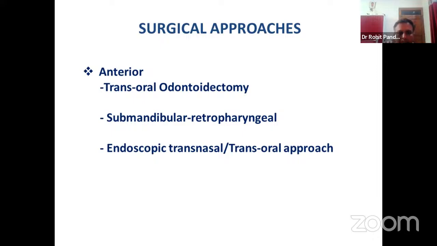And since endoscopy has already entered our neurosurgical field, endoscopic transnasal as well as transoral approach has also entered this field of neurosurgical procedures. I will be talking about all these approaches in detail in my coming slides.